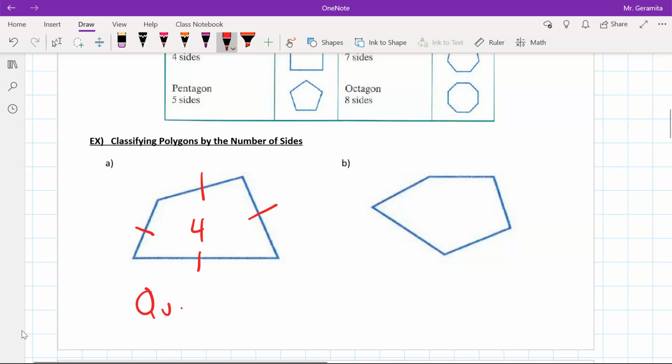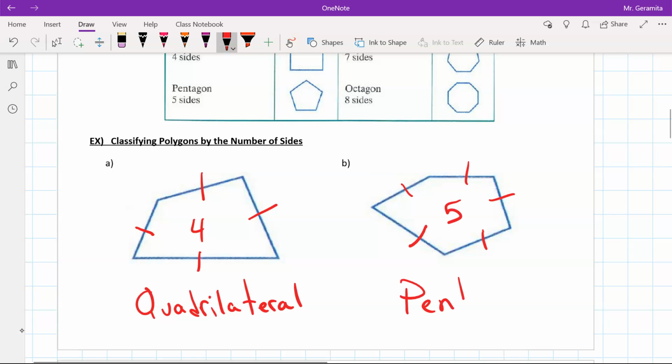So this would be a quadrilateral. It helps if you mark them off. Sometimes when you get like 9 sides, 11 sides, sometimes they're hard to see. So 1, 2, 3, 4, 5. This would be a pentagon. Simple.